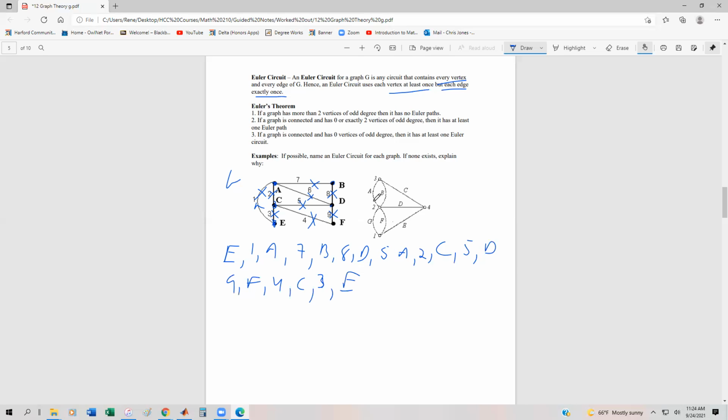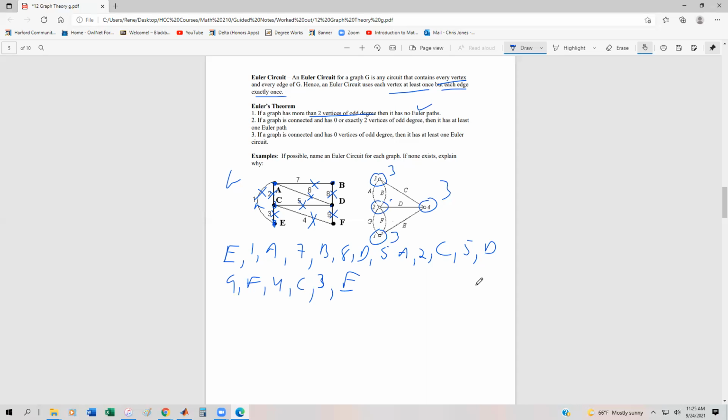But for this second graph, there is not going to be an Euler circuit for this one. The reason is that we take a look at the degree of this vertex, and it's 3. Then we take a look at the degree of this vertex, and that's going to be 3. And then up here, we have a degree of 3. So right away, we could stop, because remember, if it has more than 2 vertices of odd degree, there's no Euler path.